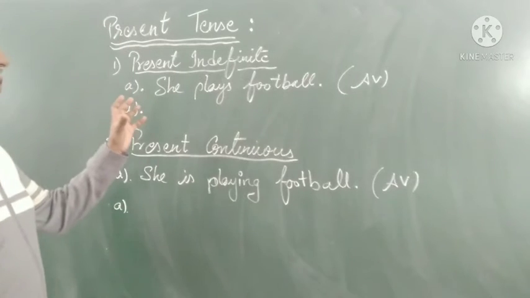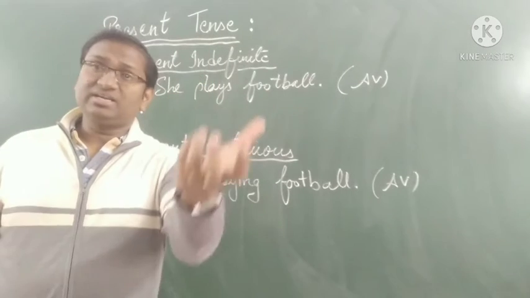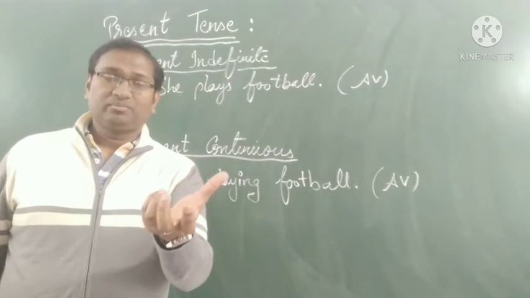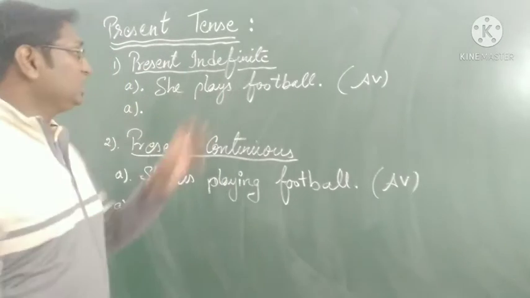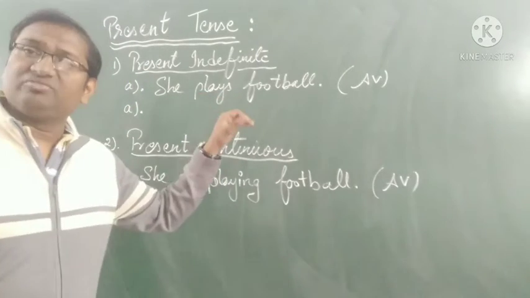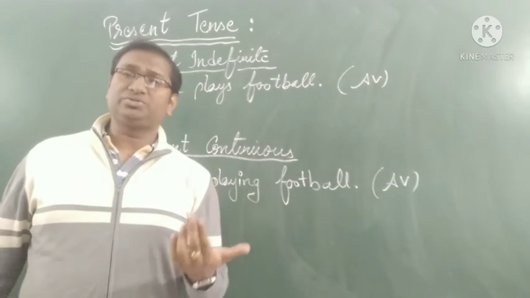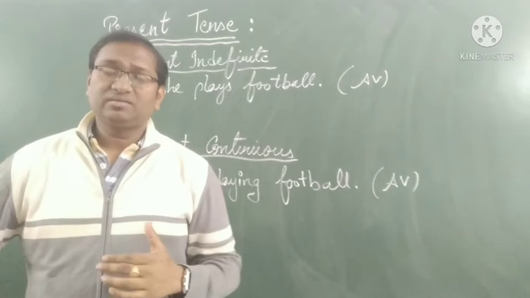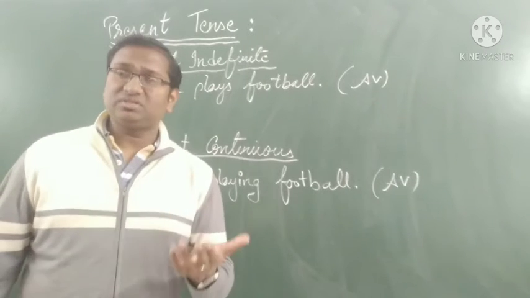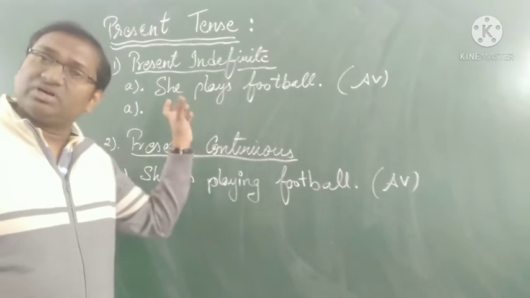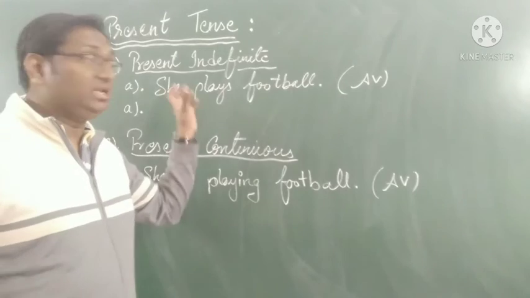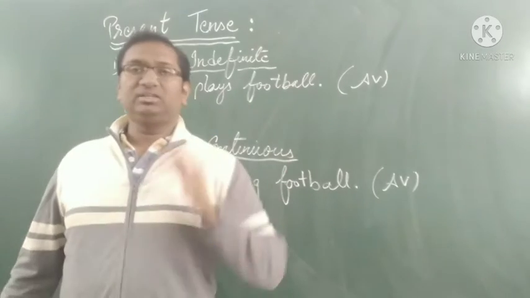Now in present indefinite, as I showed you in the chart, do, does. Do, does means the main verb like plays, goes, runs, jumps. If these types of words are there, then how are we going to convert that?